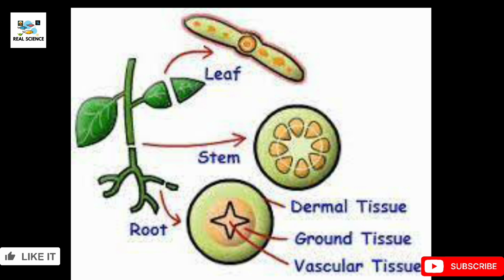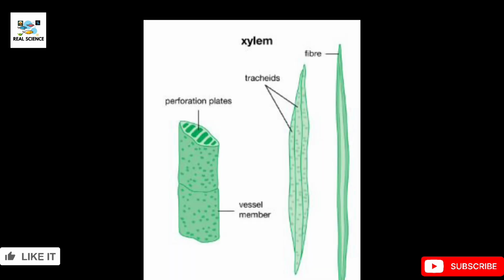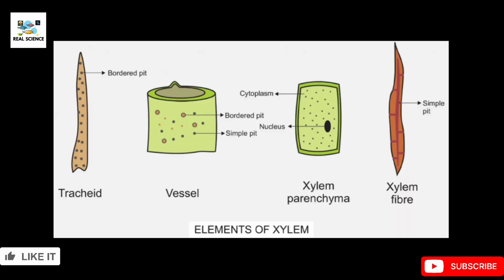Let's see in detail the structure of xylem first. The xylem is made up of three parts: vessel members, tracheids and fibers. The vessel members are like pipes which have perforation plates.